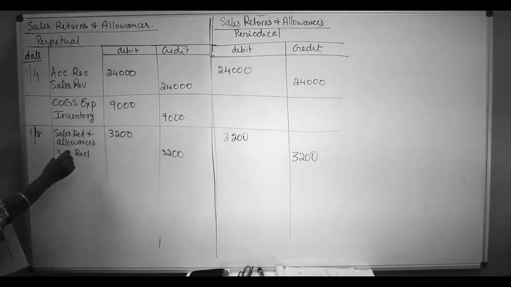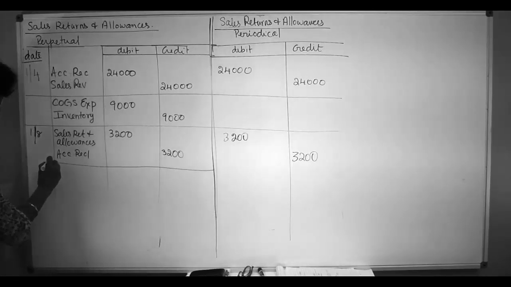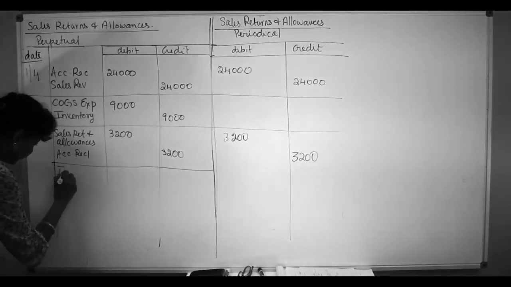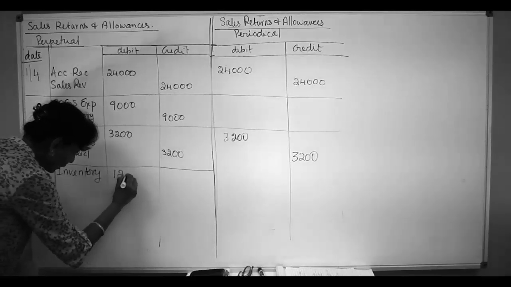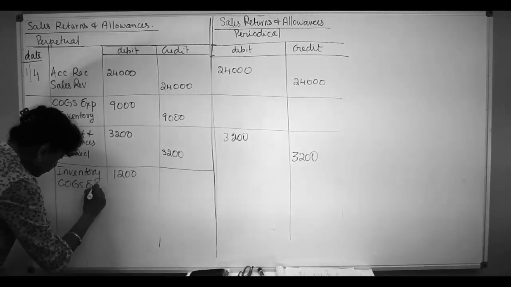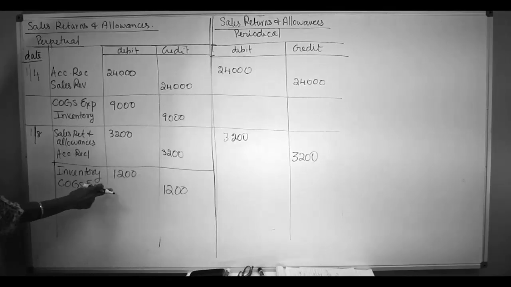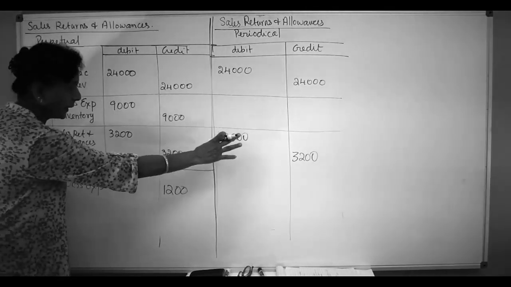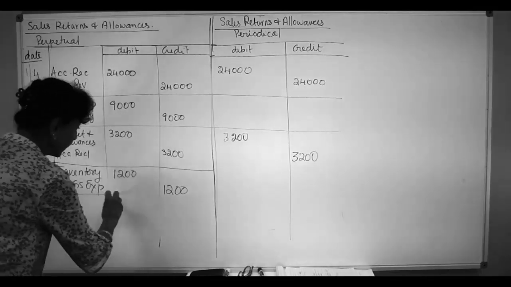So under perpetual, you will also debit inventory for 1,200 and credit cost of goods sold expense 1,200. We do not do this entry for periodical because we don't update the inventory. So now you can see the difference.